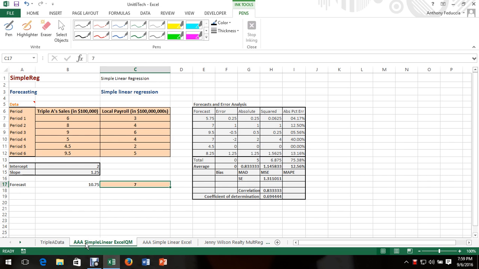Now here is the same problem. Now you notice that remember our formula was sales equals 1.25 times payroll plus the constant 2. There they are once again. So if the local payroll is $700 million, what we could do is put that in here plus 2.